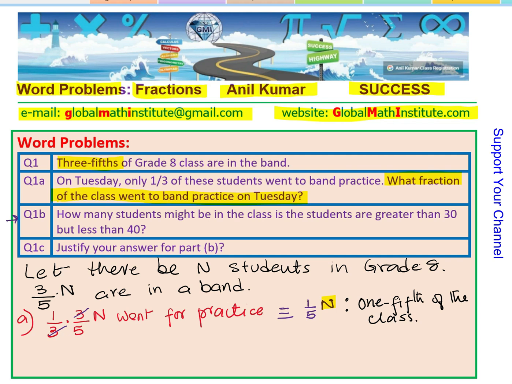How many students might be in the class if the students are greater than 30 but less than 40? So you see very clearly what we are landing up with is a fraction by 5. And then ultimately that 3 and 3 cancelled. So it means that the number of students is a multiple of 5, because we cannot have a fraction of a student in 1/5 of n. So part B means a multiple of 5.